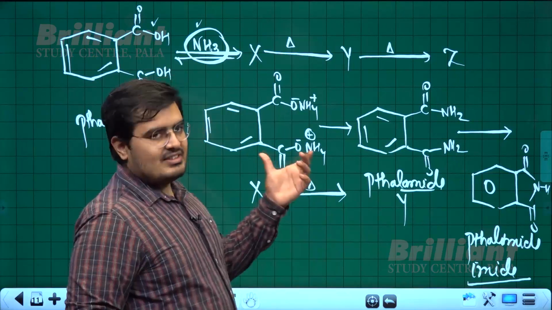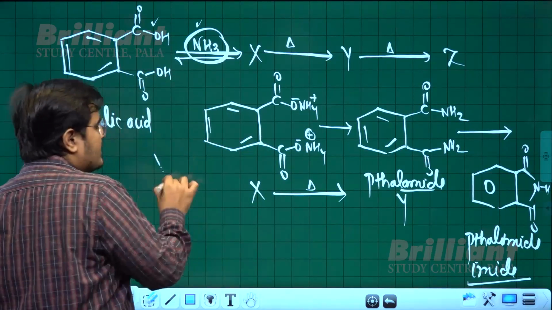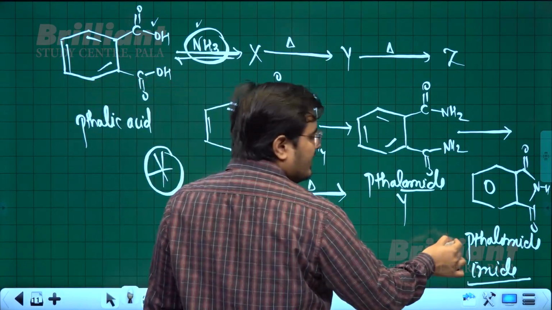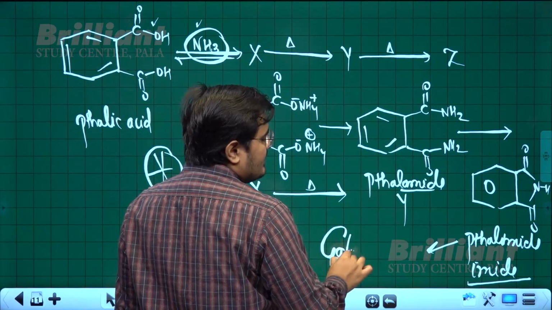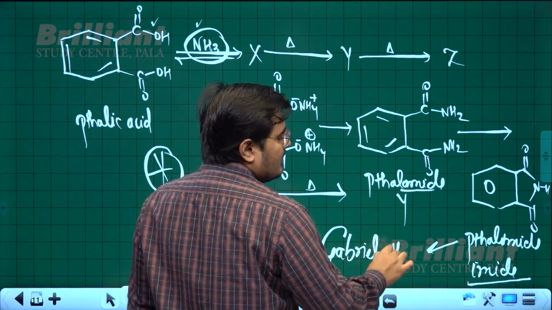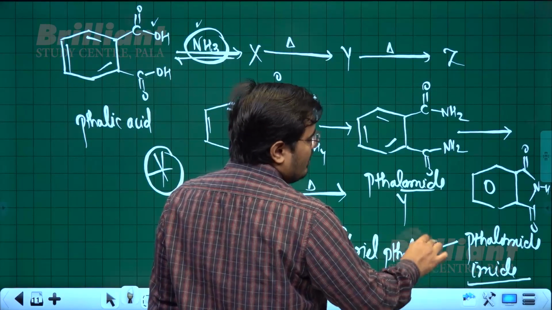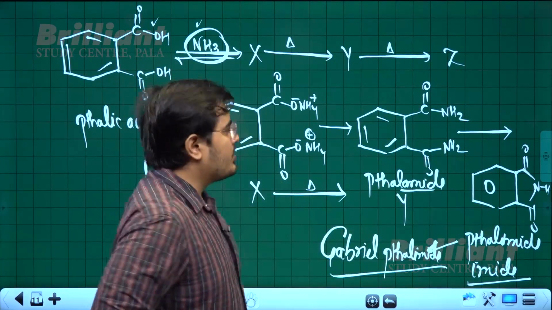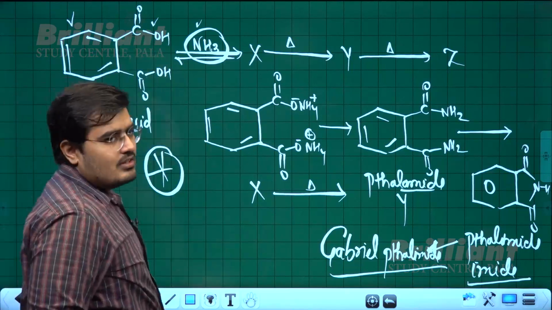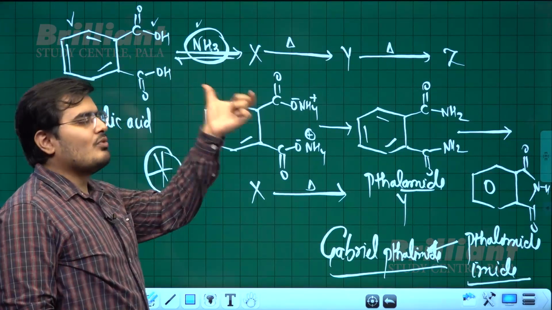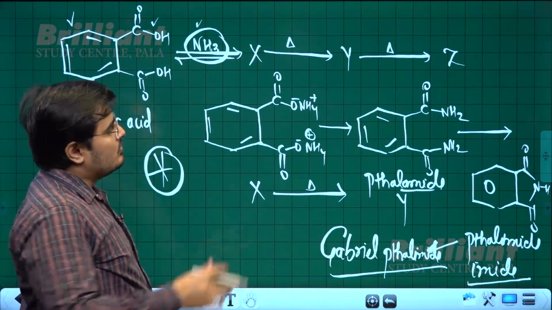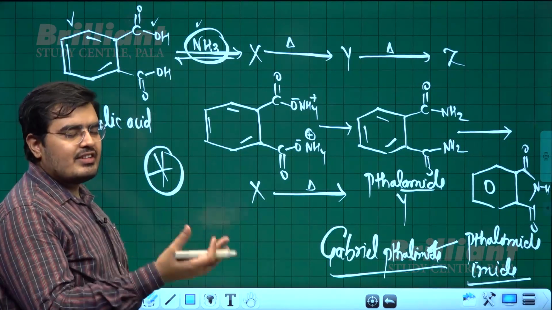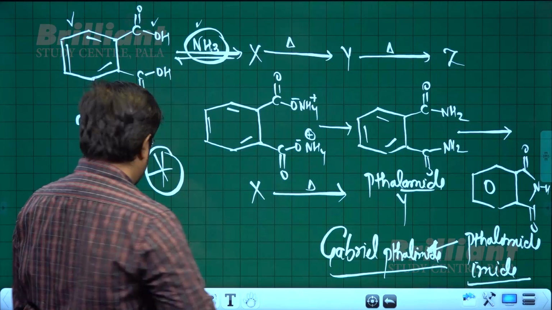Now no need to worry about the reaction mechanism, but this is how questions are given in your exam, because this is one of the important substrates in the Gabriel phthalimide synthesis, which you are going to learn for the preparation of amines. Sometimes they will give you phthalimide directly, and sometimes in the question they will directly start from benzoic acid. So in that case you should know what will be X, what will be Y and what will be Z. So these were the reactions with ammonia, where it results in the formation of amides.